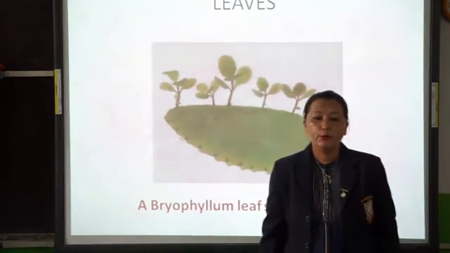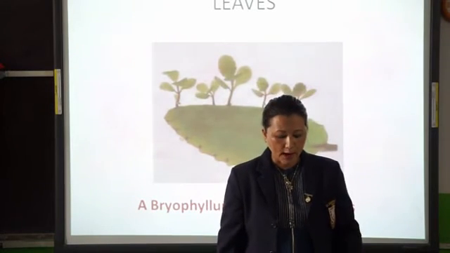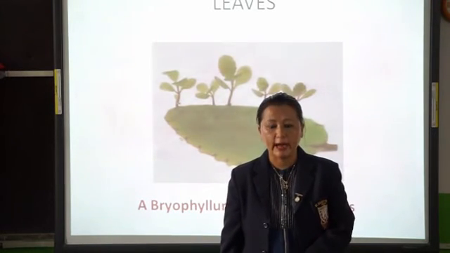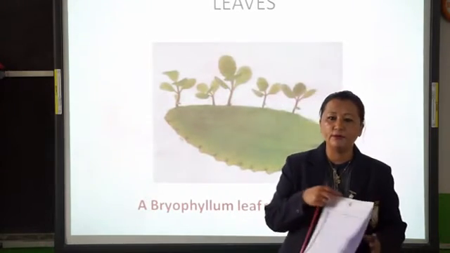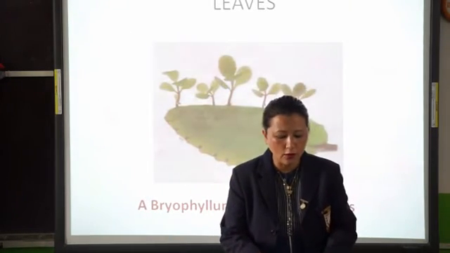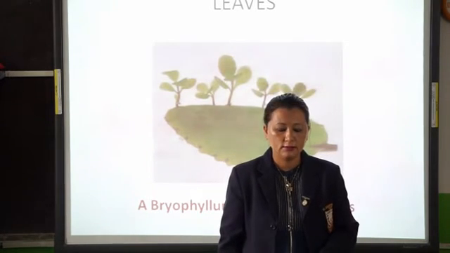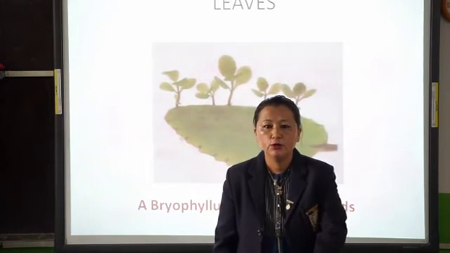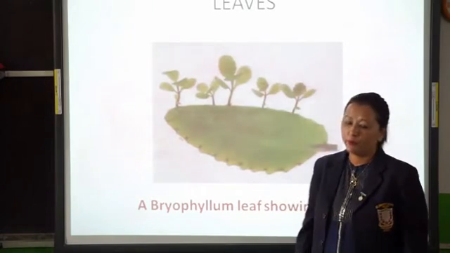So with this, we complete the last and the final part of the chapter. Now let's do a quick recap of what all we studied in this class. Firstly, we spoke about vegetative reproduction.